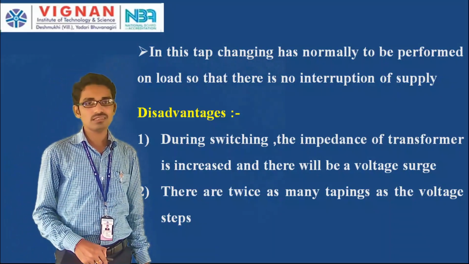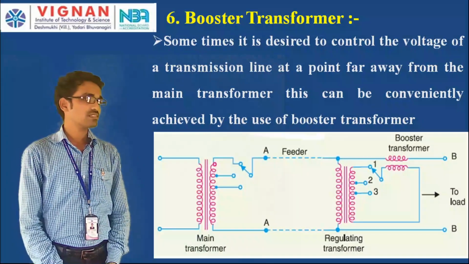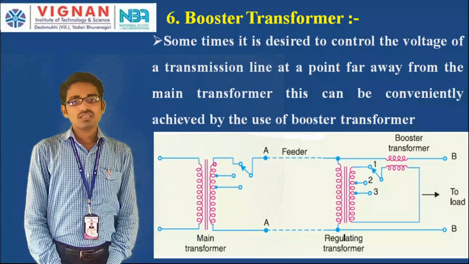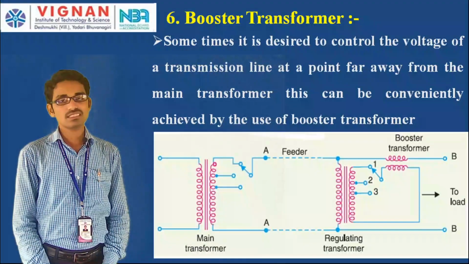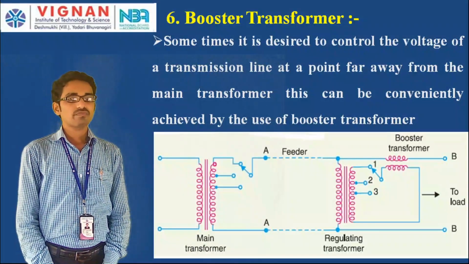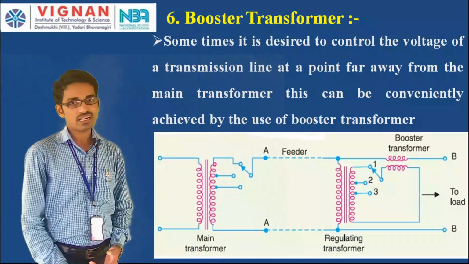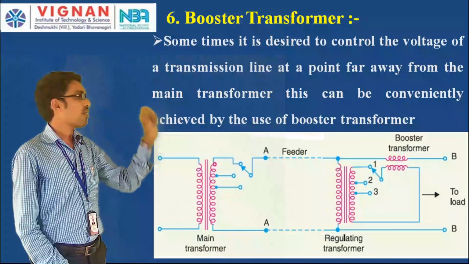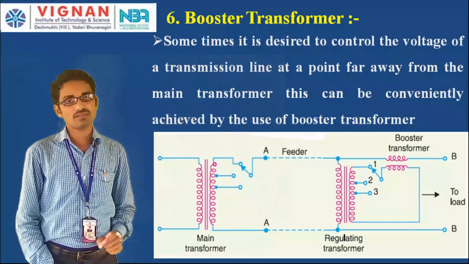The next one is the booster transformer. What is a booster transformer? The booster transformer is used mainly in transmission lines. It is designed to control the voltage of a transmission line at a point far away from the main transformer.